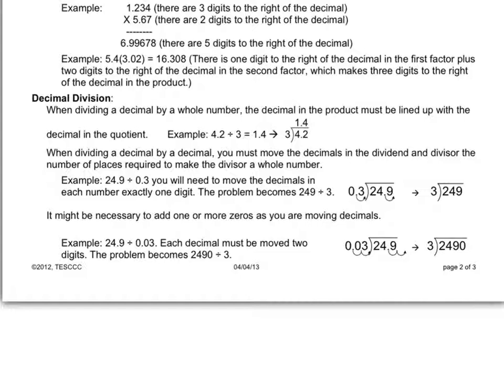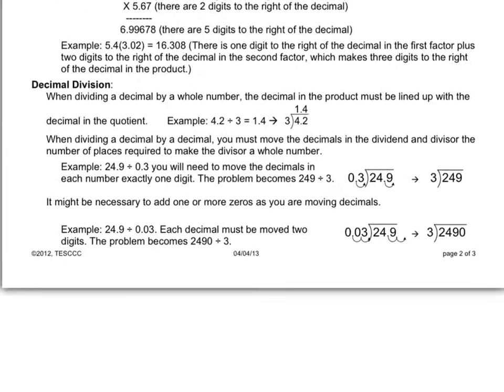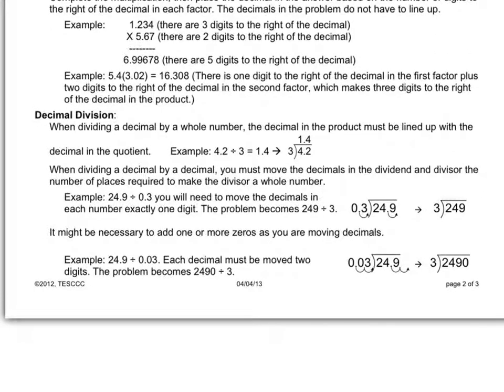So you have to keep that in mind. Look at this example here where you're dividing 3/10 into 24.9. You have to move your decimal place on your divisor and your dividend. Just make sure you understand that.